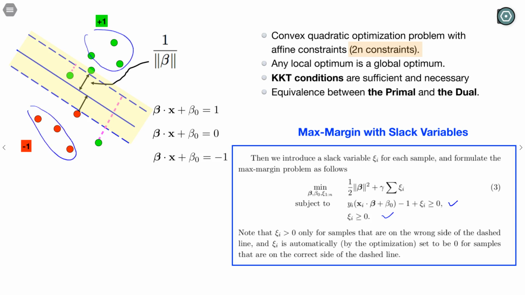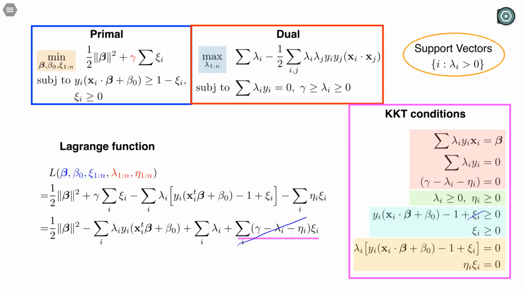For those data points, what's inside the bracket is going to be non-negative, because automatically for those points psi i is going to be 0, and then y i times the linear function will be strictly bigger than 1.